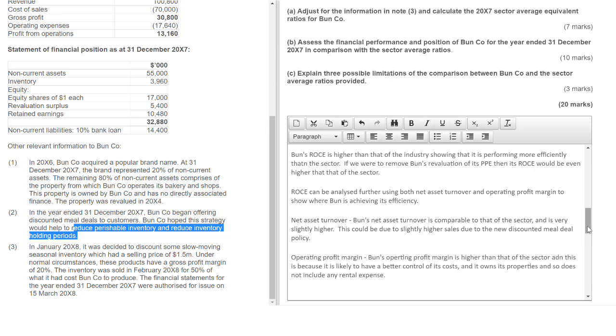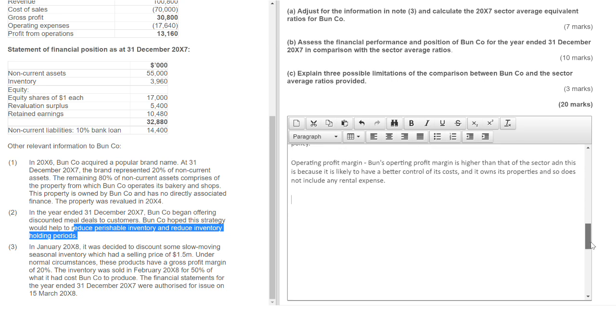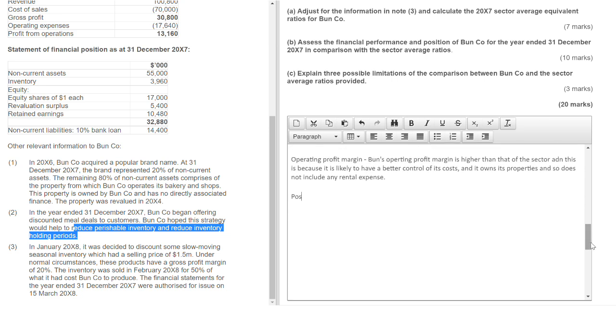Okay. We can then go on to look at the position. So again, as that is a heading, we'll put that underlined. And again, what we're looking at here is your inventory and your gearing, isn't it? Okay.